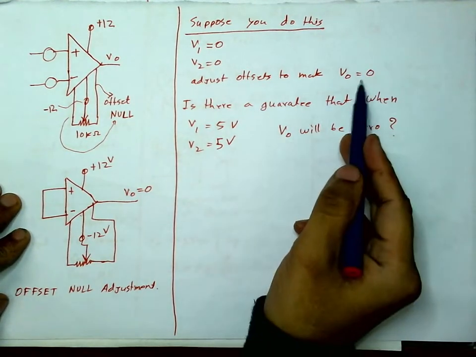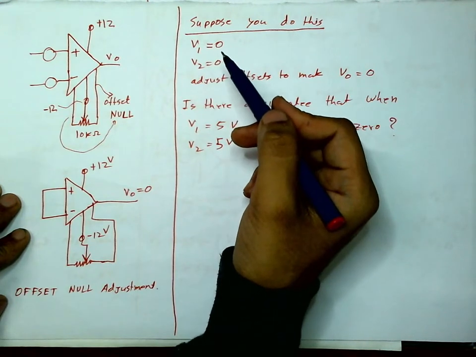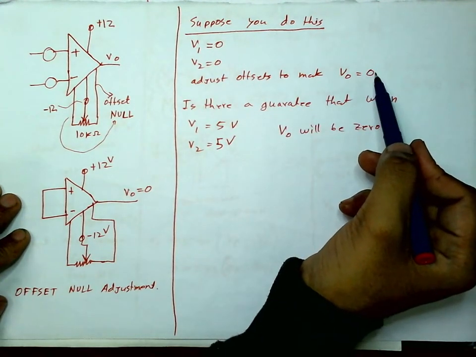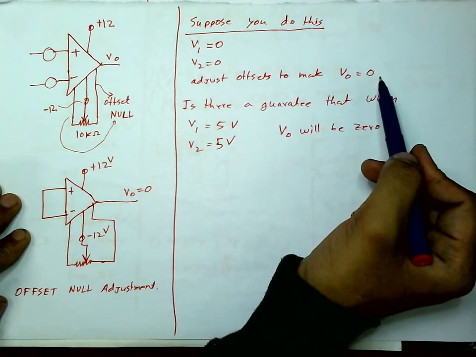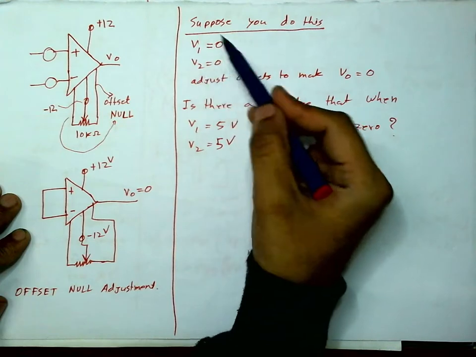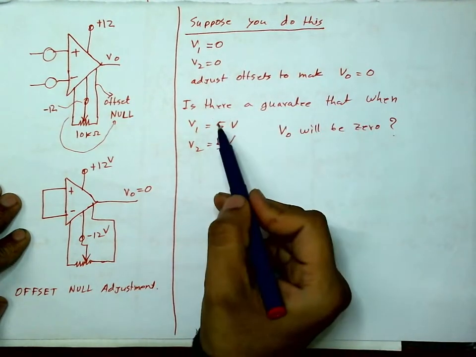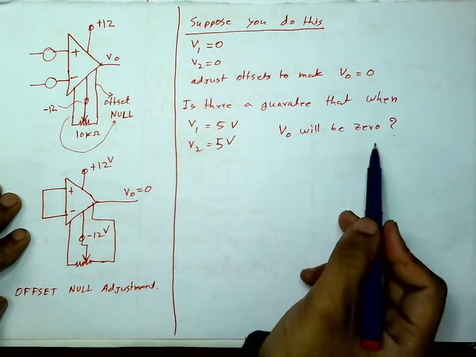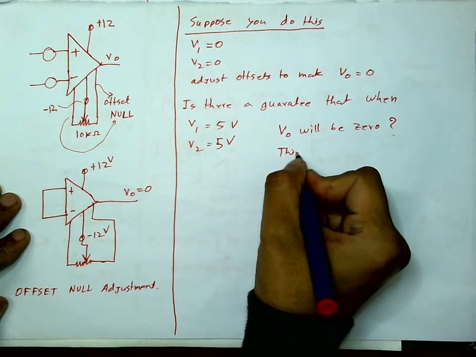You have adjusted the output to be 0 when the inputs are 0, 0. The output should be 0 because it's a differential amplifier, so when the inputs are equal, the output should be 0. And you have done this when the two inputs are 0. Is there a guarantee that when the two inputs are equal but not 0 but 5 volt, the output will still be 0? Think. Thought exercise. Think about it.